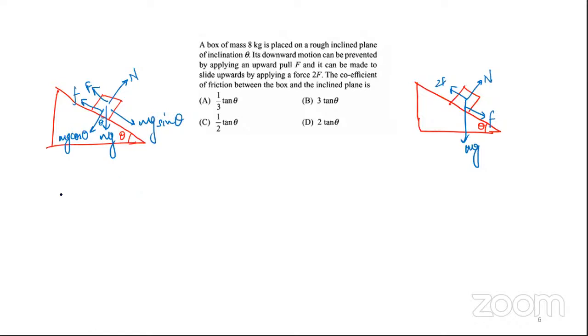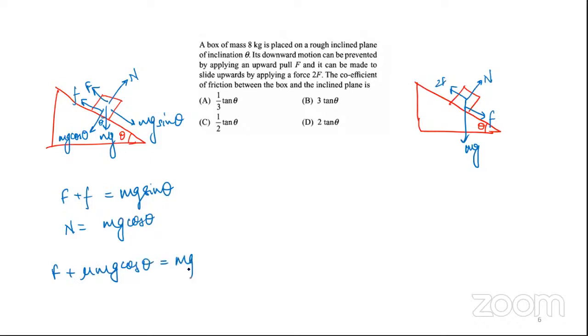So we have F plus friction equals mg sin theta. Now my frictional force is equal to mu into N, and N is equal to mg cos theta. So my equation becomes F plus mu mg cos theta equals mg sin theta.